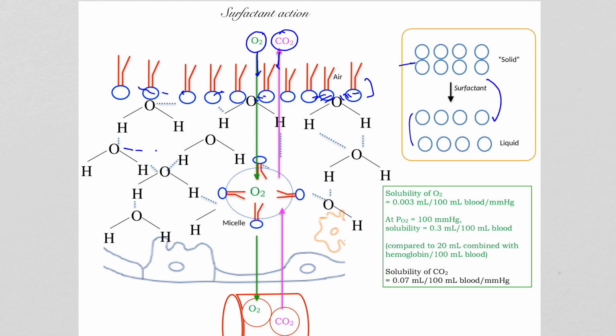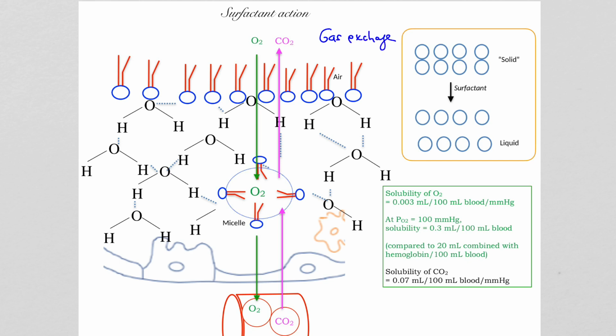So in the presence of surfactants, the surface of the water layer in your lungs, your alveoli, becomes more liquid, and that helps the gases diffuse in or out much better rather than trying to diffuse in and out of a more solid structure. There is another possibility why surfactants can help in gas exchange in your lungs.